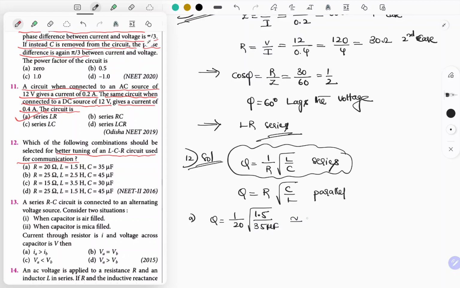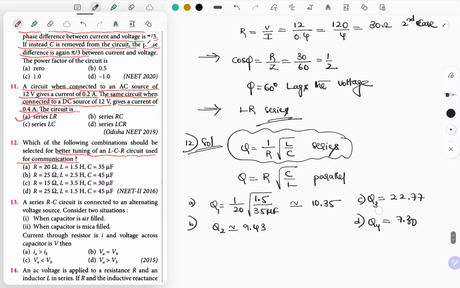Approximately you are going to get 10.35. This is how you have to cross check the remaining ones too. This is Q1, and for option B, Q2 is approximately 9.43, Q3 is equal to 22.77, and Q4 is equal to 7.30.